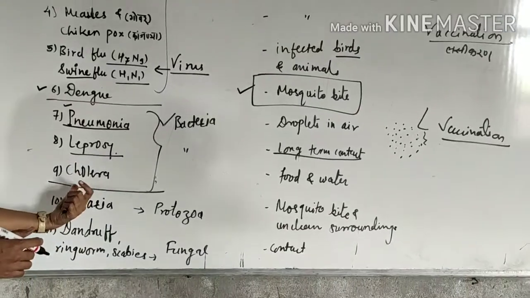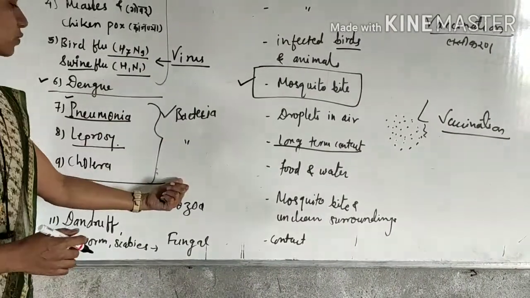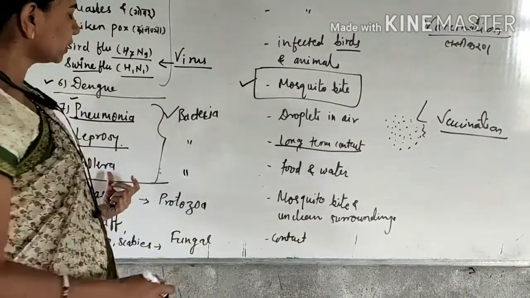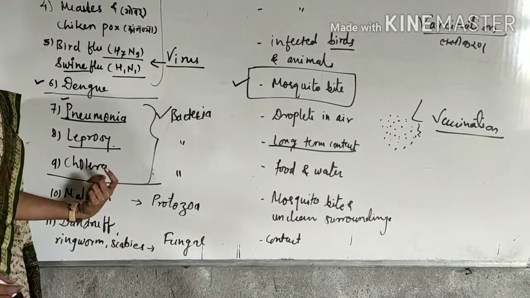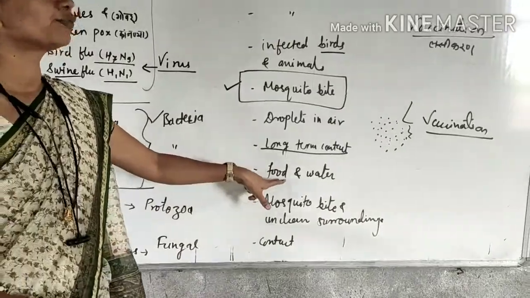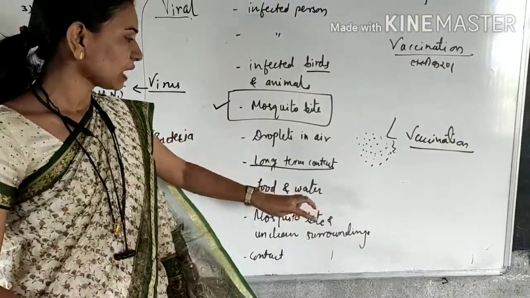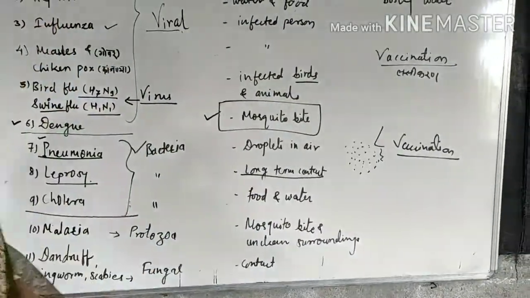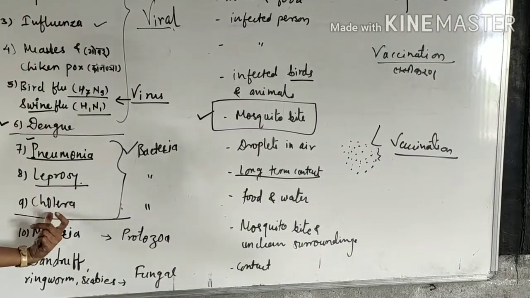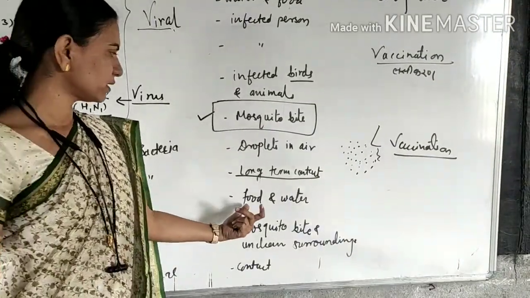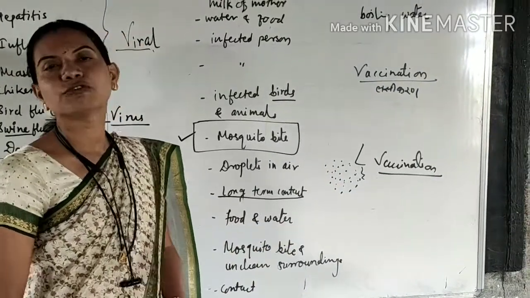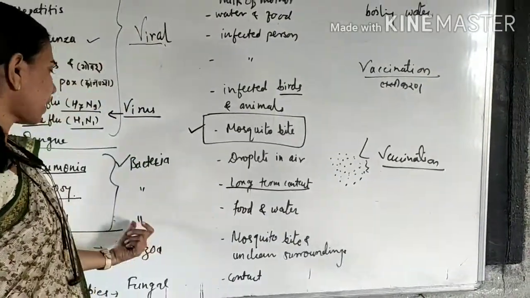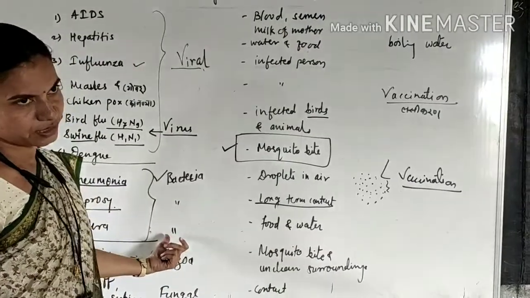Then the next disease is cholera. This cholera is also due to the infection of bacteria. It is a bacterial disease and it spreads through contaminated food and water. Mainly in the rainy season, you observe that cholera is mostly seen. This is contaminated food and water in which the bacteria of cholera are present.